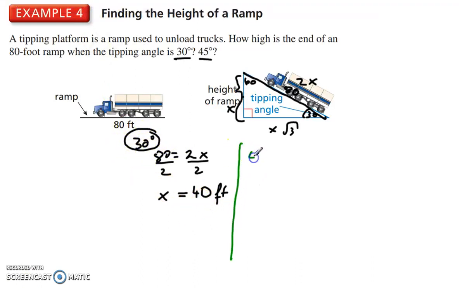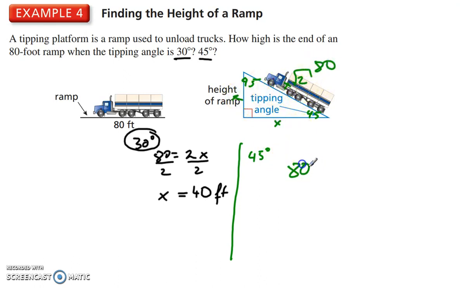Now, if the tipping angle is 45 degrees, then we have a 45-45-90. In a 45-45-90, if this goes up to 45, 45, then this right here is x radical 2, and these two would be the same. So 80, and that's still 80, that hasn't changed.